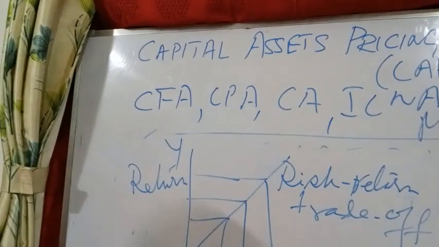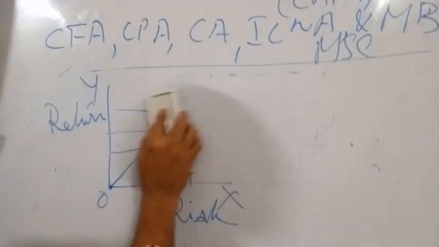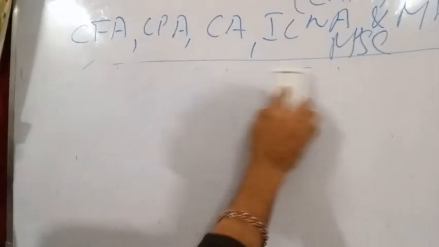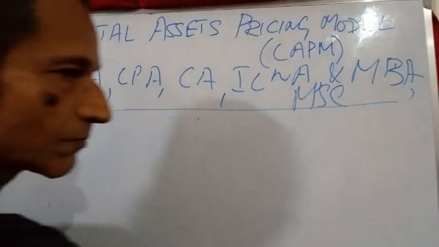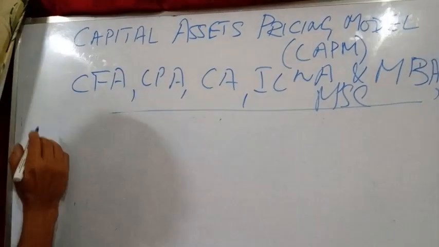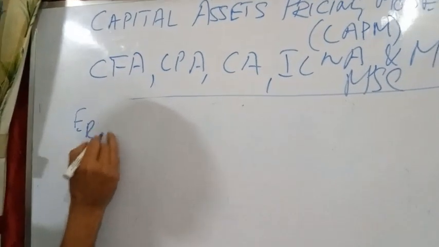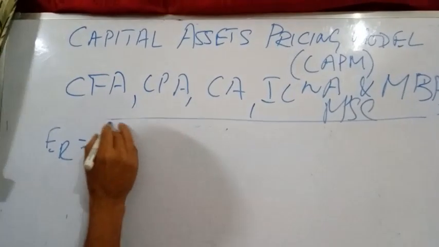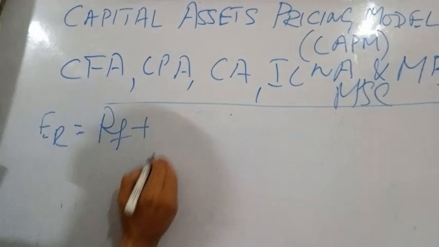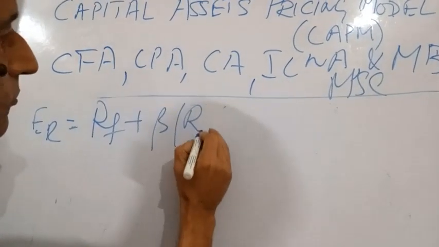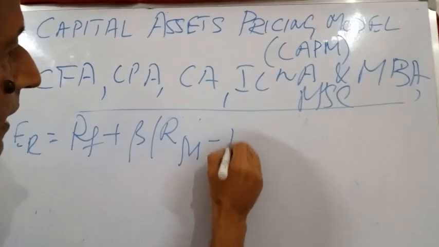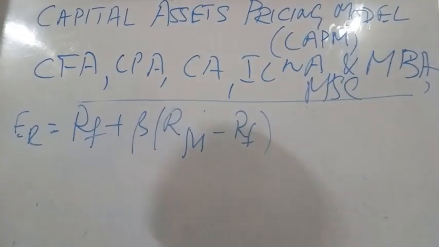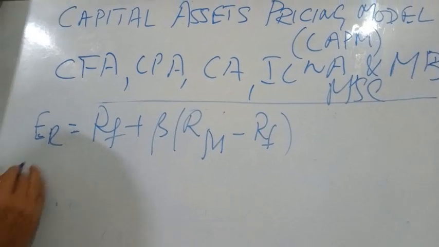As we all know, there exists a term risk-free return which has been incorporated in the formula developed by Sharpe, that is, ER is equal to RF plus beta multiplied by the difference between RM and RF. Now what is RF?